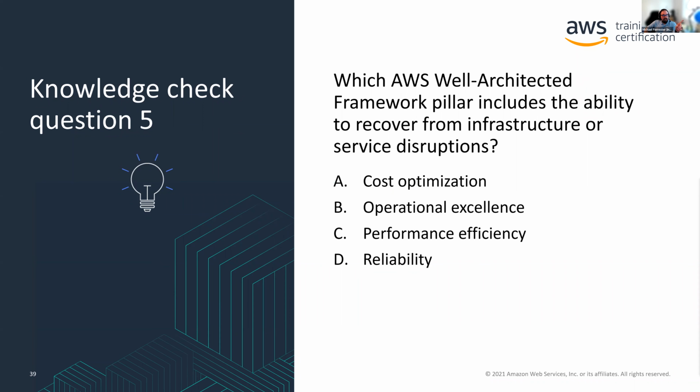Okay, so which of the well-architected framework pillars includes the ability to recover from infrastructure or service disruptions in order to create consistency? What is that called when something is consistent?